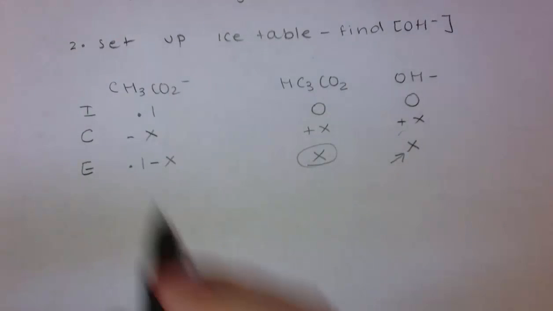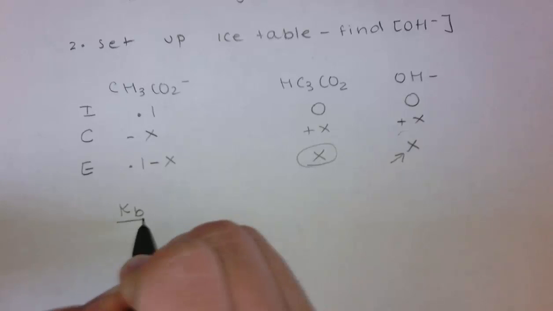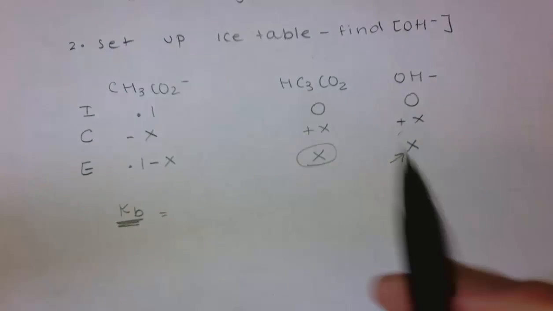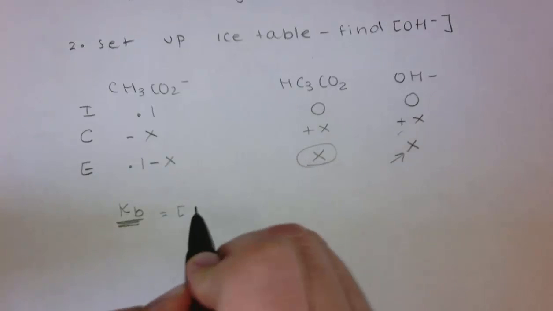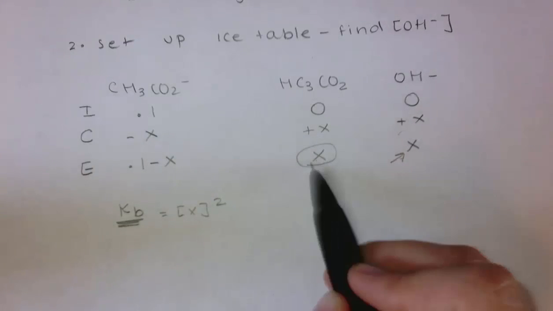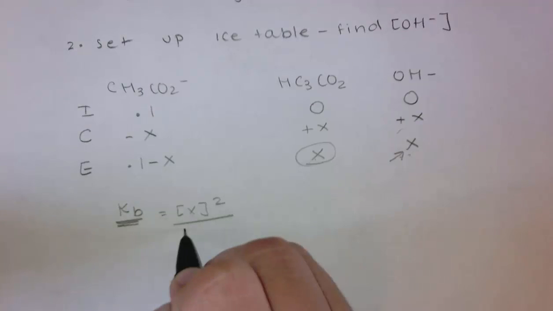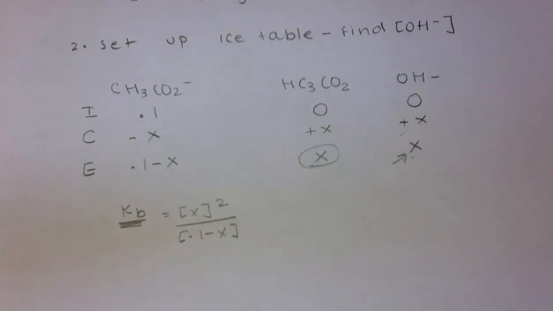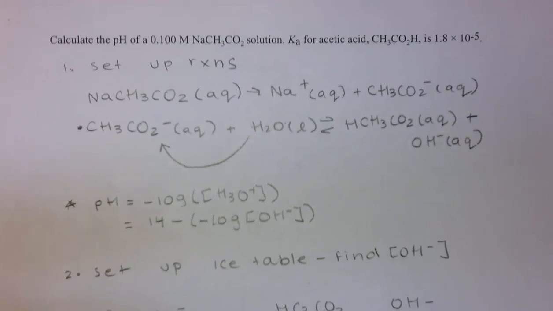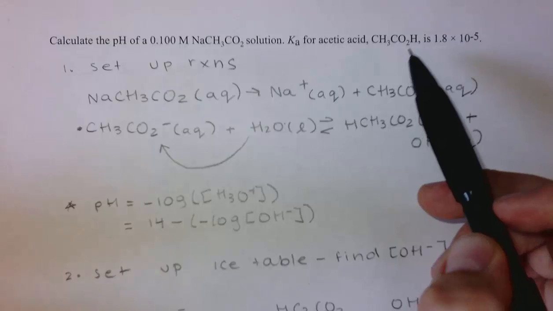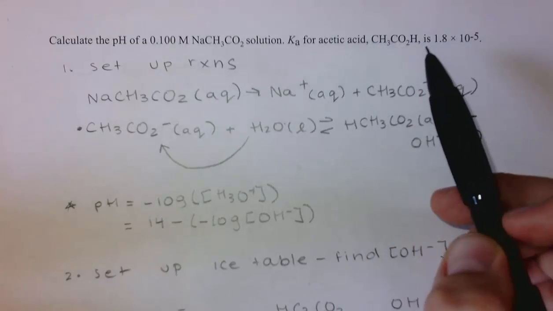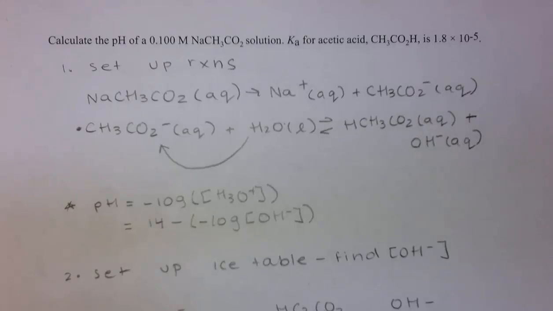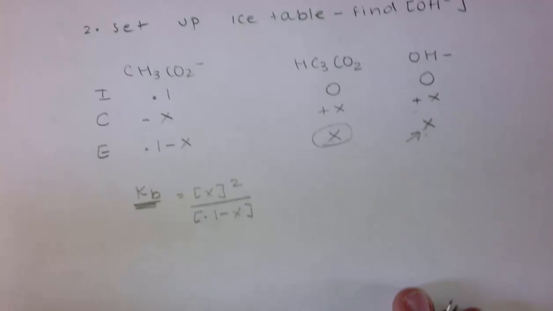Well, what's a little bit different here is that we have to use Kb, and Kb is going to equal x squared, because we have an x from each of these, over 0.1 minus x. And we have to use Kb instead of Ka because we know that we're not dealing with acetic acid reacting with water. We're dealing with acetate reacting with water, and acetate acts as a base. So instead of Ka, we need to find what Kb is.